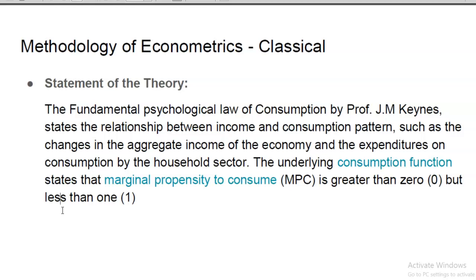It is not concerned with assets and lottery gains; all that are held constant. So that is what the MPC states: greater than or equal to 0 but less than or equal to 1.